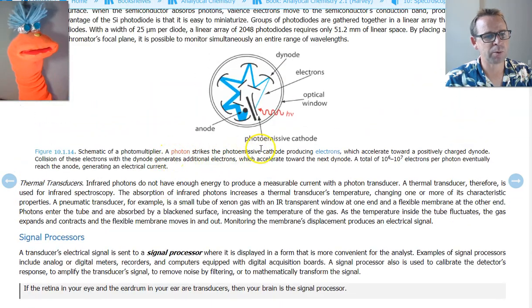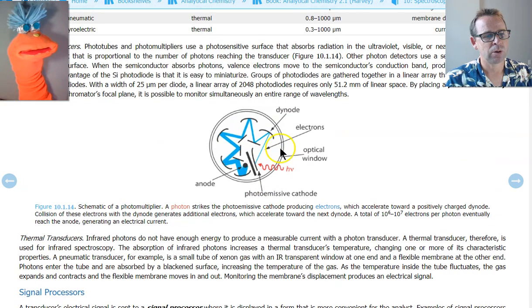Here's an example of what we call a photomultiplier tube. A photomultiplier tube takes the light that comes through your sample, and as it strikes certain material, the photoelectric effect will cause more electrons to be emitted. And then this is repeated with another material that will produce the photoelectric effect.